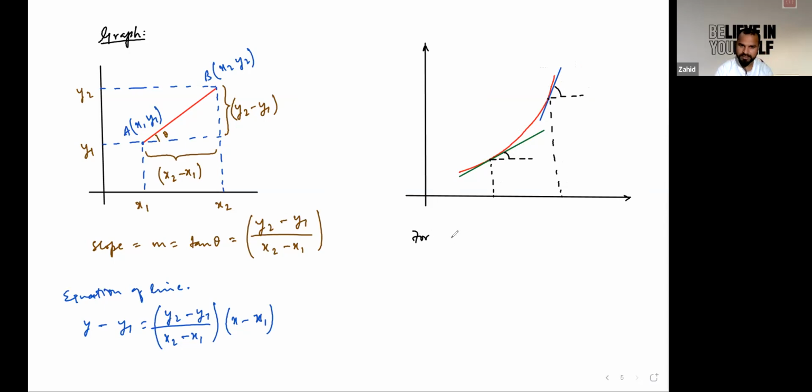So for any curve, dy by dx is equal to tan theta, and this term defines the tangent to the curve at this given instant. Is it clear to you all?